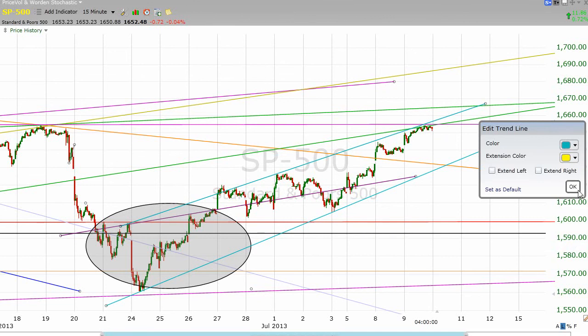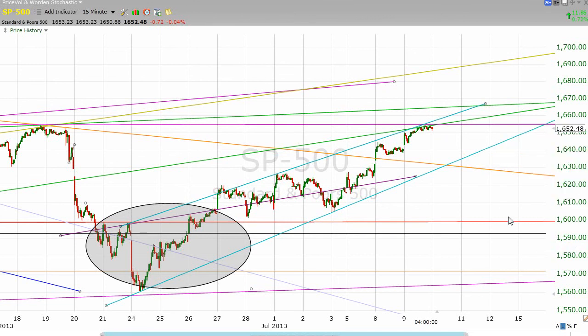Now, just to remind you, when you're in a bullish trend, the line that tends to do the most precise tracking is the support line. When you're in a bearish trend, the line that tends to be the most precise with your tracking is the resistance line.